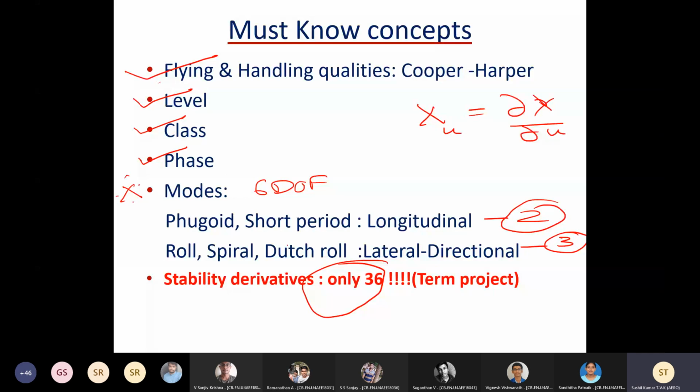Analytical derivation part I will do, but how to estimate it finally will be done by groups, and the groups remain the same. Whatever is there for avionics and innovation lab, so that's sort of going to cover your module 1 and module 2. Okay. Am I running short of time?